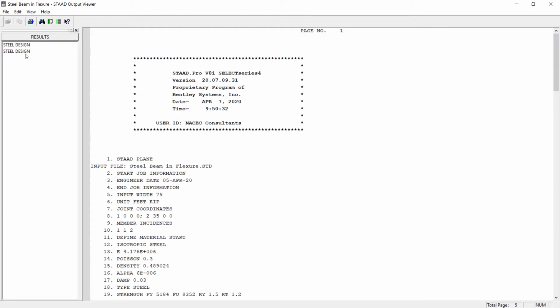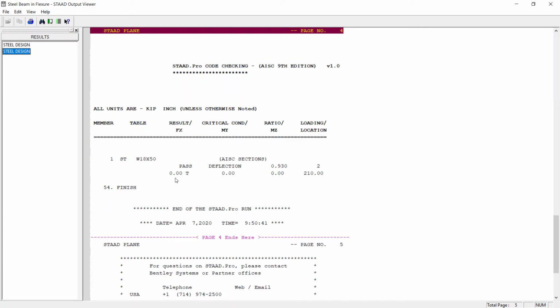Let's see the output, and here I can see that the stress ratio is 0.93. So if I divide 184 by 0.93, it comes out to be something around 197 or 198 feet.